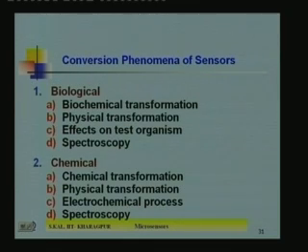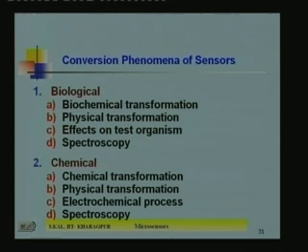And now the conversion phenomena. So, what physical reaction or what physical change is going to take place inside the sensor, because of which you are getting output with the variation of the input stimulus? What are those conversion phenomena?